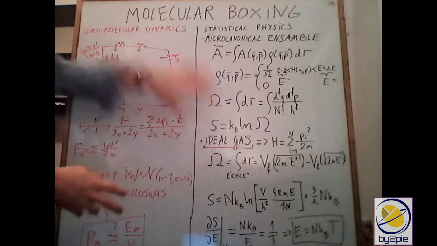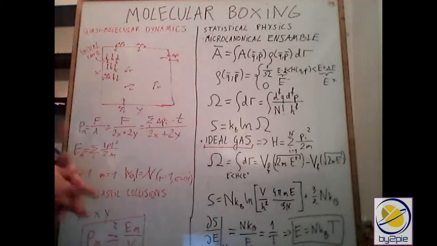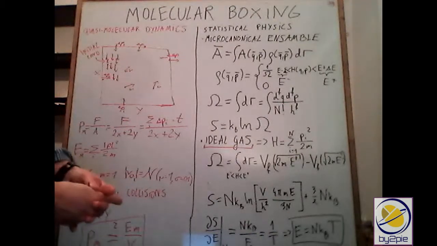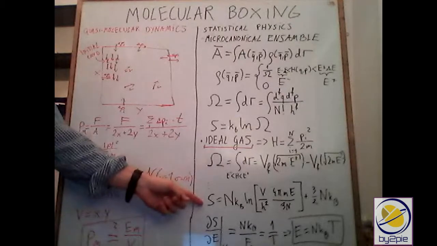In our case, since we are moving in 2 dimensions, this f is going to be 2N, because each particle has two degrees of freedom.